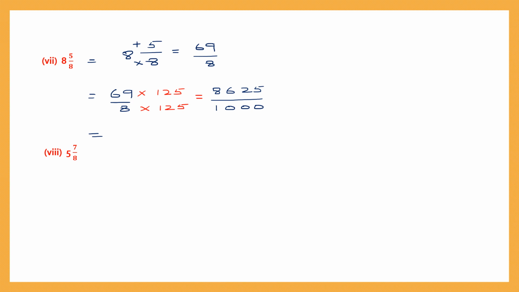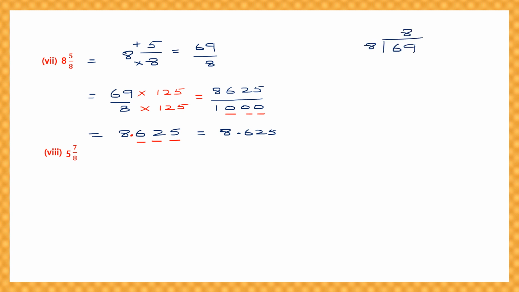Now I can make this a decimal number by just writing 8625 and then counting the number of zeros in 1000. 1, 2, 3. So here also my point has to move 1, 2, 3 places to the left. It comes here. So what do I get? 8.625.